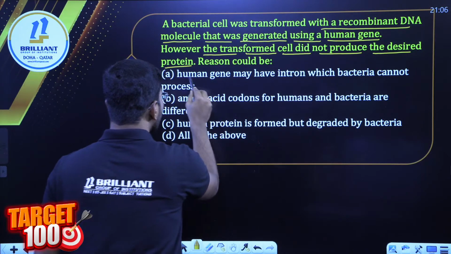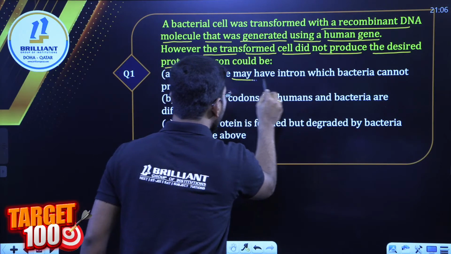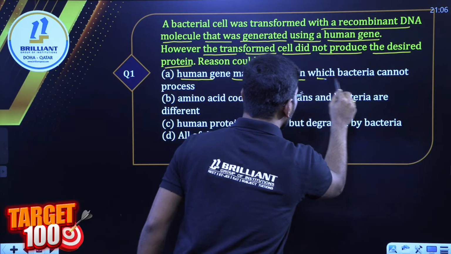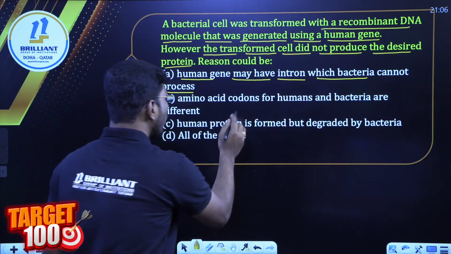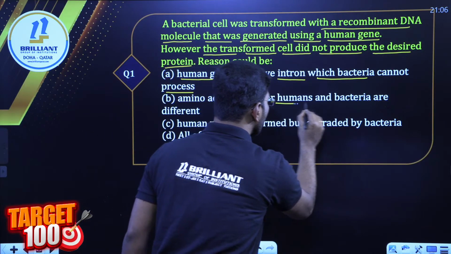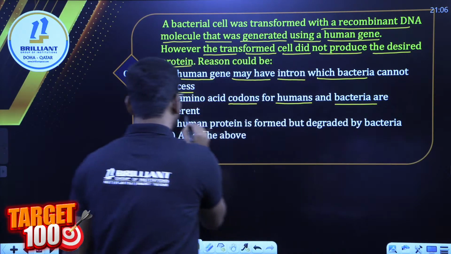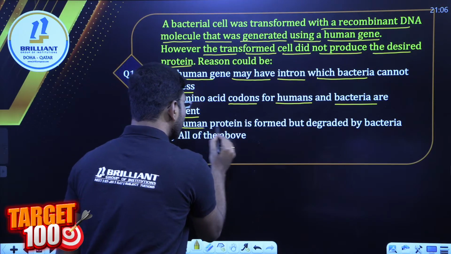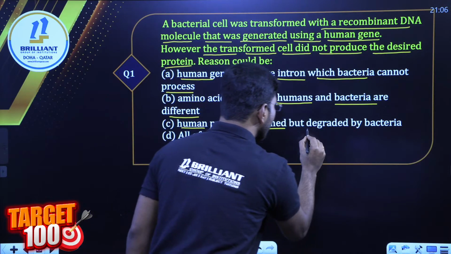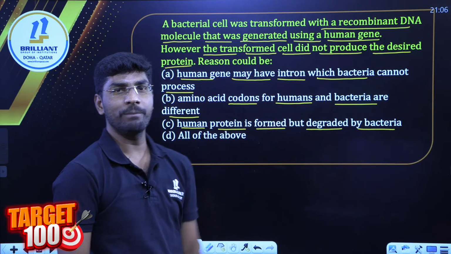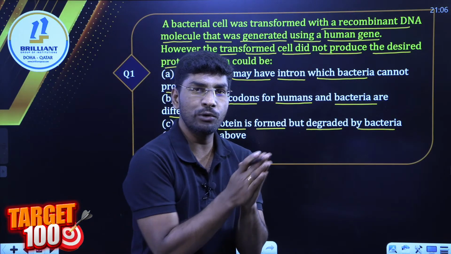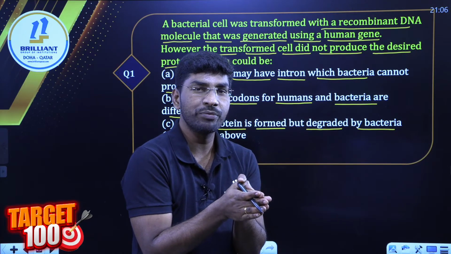The options: first, the human gene may have introns which bacteria cannot process. Second, amino acid codons for human and bacteria are different. Third, human protein is formed but degraded by bacteria. Fourth, all of the above.